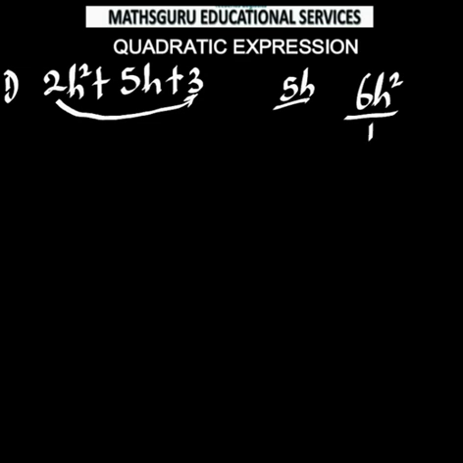So we have 1h times 6h will give us 6h squared. 2 times 3 will give us 6. That is 2h times 3h will give us 6h squared. And we know that 2 plus 3 will give us 5.